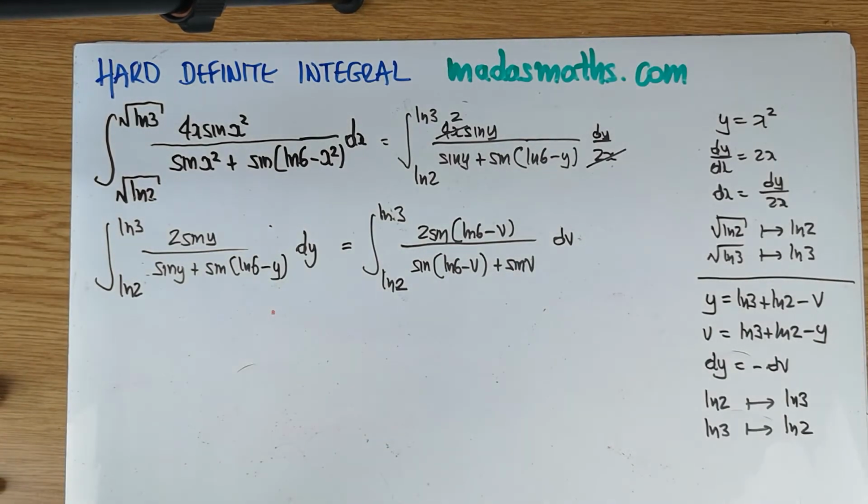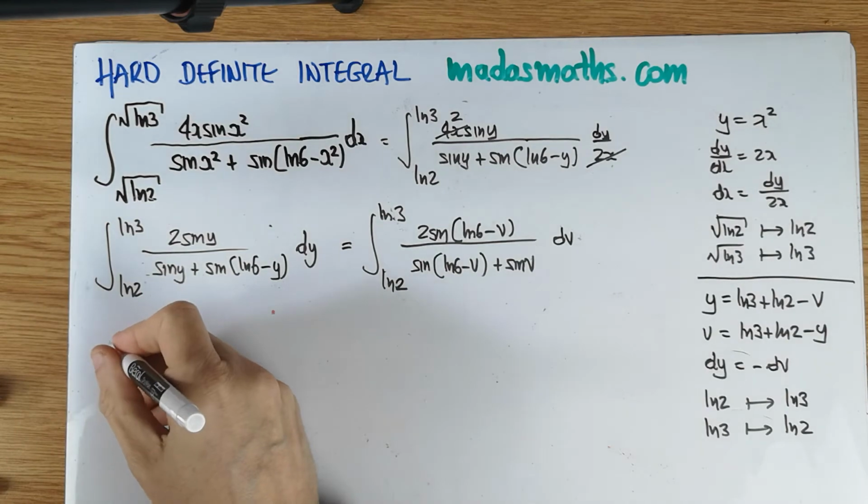Okay, so what we got now so far, what are we going to do with this particular one? Now we're going to collect our results, because it might not be obvious where we're going.